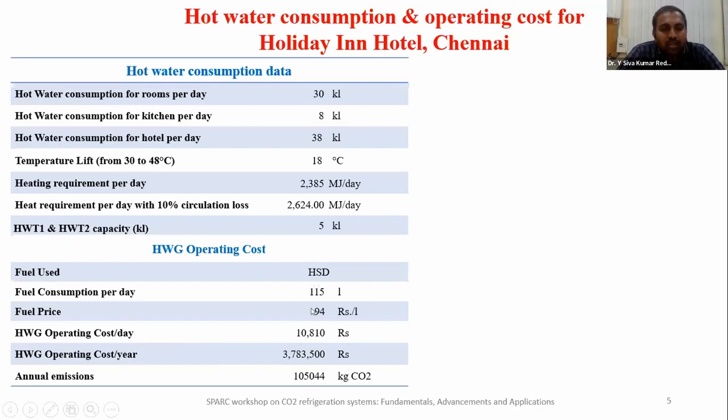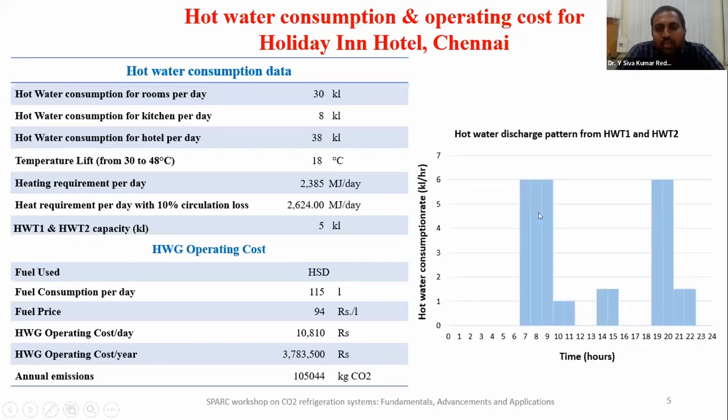With this fuel price, day-wise they are spending nearly 11,000 rupees, and annually around 37 lakhs of rupees on diesel only to serve the hot water demands. In addition to this, these are the emissions being released from the diesel.